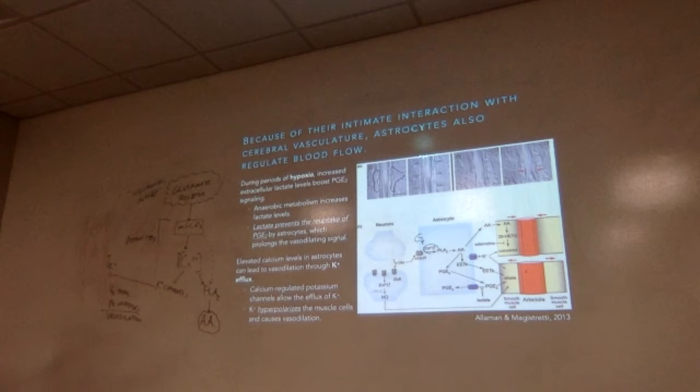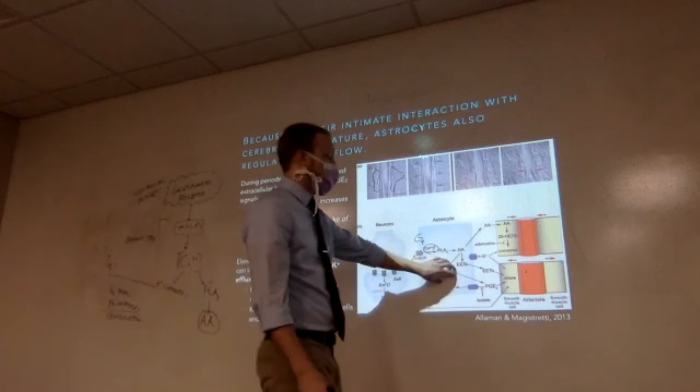Now, it won't do anything, but its metabolites, or its downstream products, are the ones that are going to have either dilating or constricting effects on the blood vessel. So it really depends on how much, for example, cyclooxygenase activity that we have.